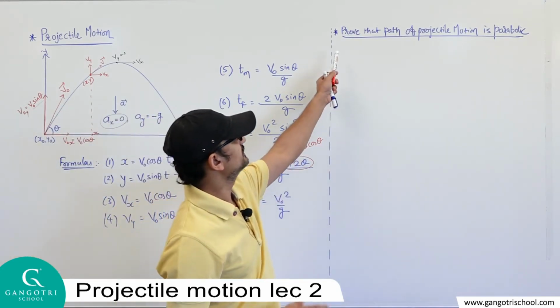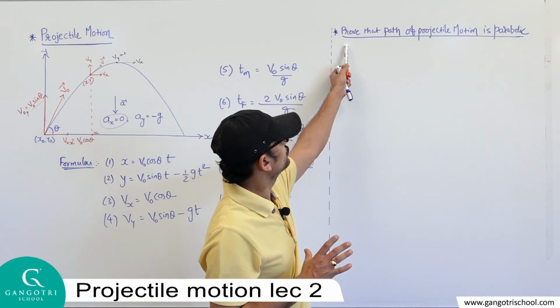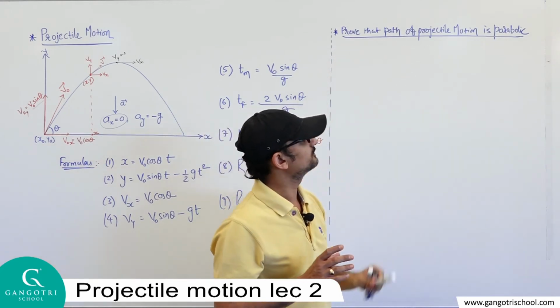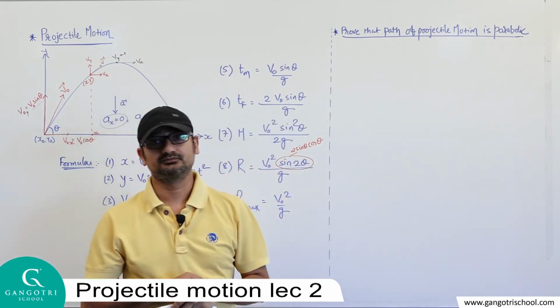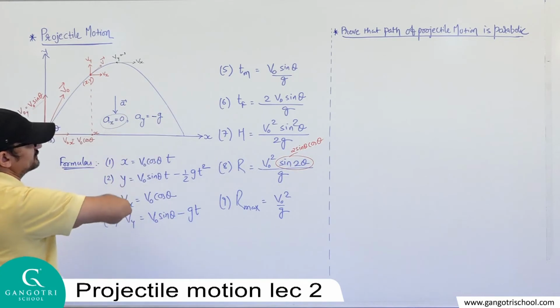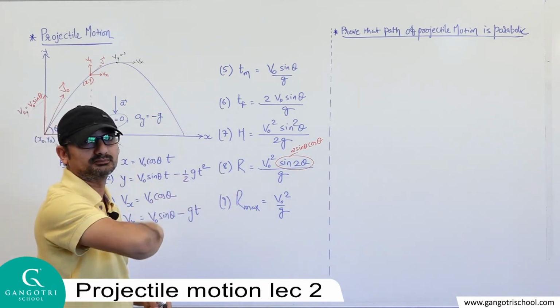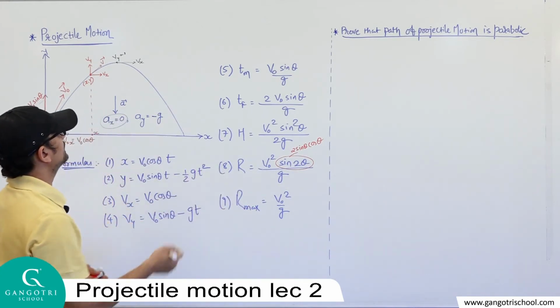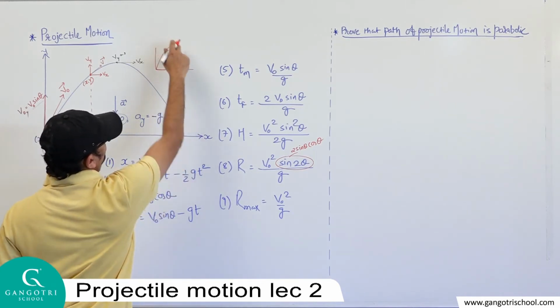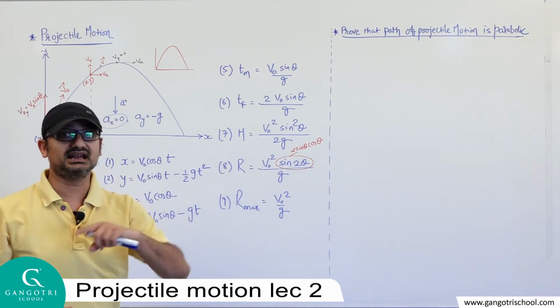The next one, in the same topic, is to prove that the path of projectile motion is parabolic. Look at this, the entire path. Remember, it's not a half circular path, no. We would like to prove that the path of projectile motion is a mountain type, parabolic path.